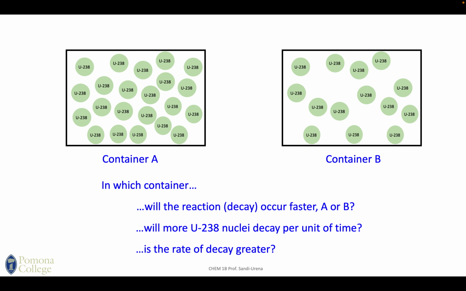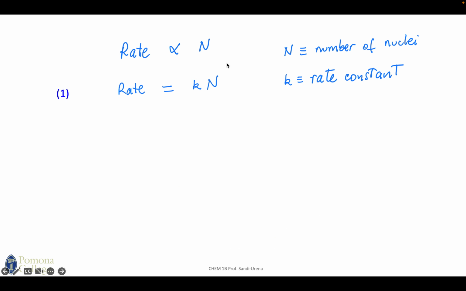If we understand from this diagram that the more particles we have, the faster the rate of the reaction, we can say that the rate is proportional to the number of particles we have. In this case, the particles are the nuclei, the isotopes, the nuclides. I prefer the word particles. They are directly proportional, which means we can make that proportionality an equality if we multiply N times a constant, the proportionality constant.